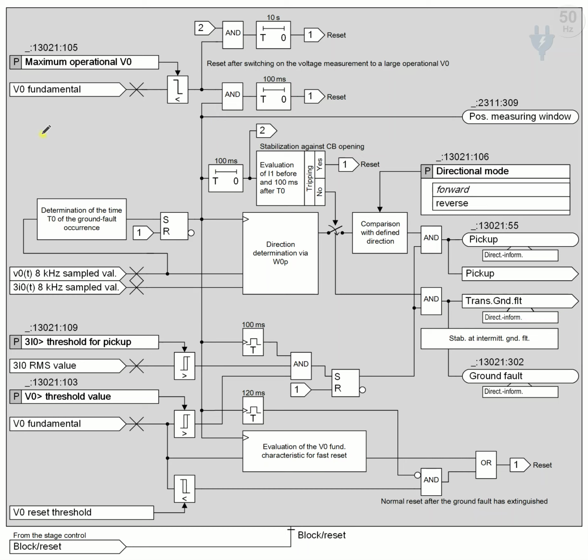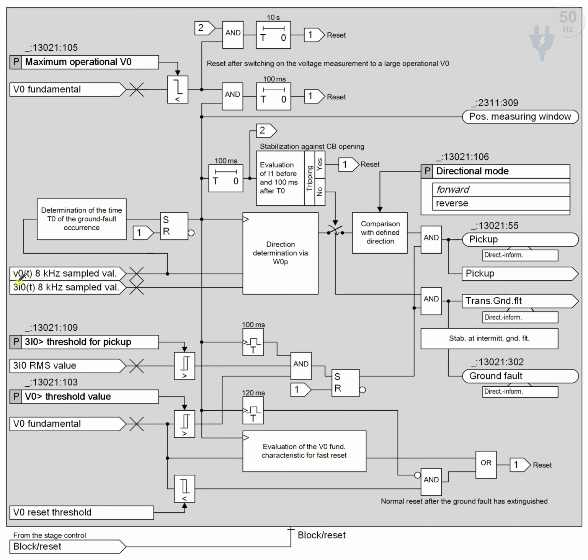The first portion is what the relay does before the fault, when there is no fault at all. The next portion is what the relay does after the fault happens. And the third portion is what the relay does when the fault goes out, or there is no fault after detection of a fault.